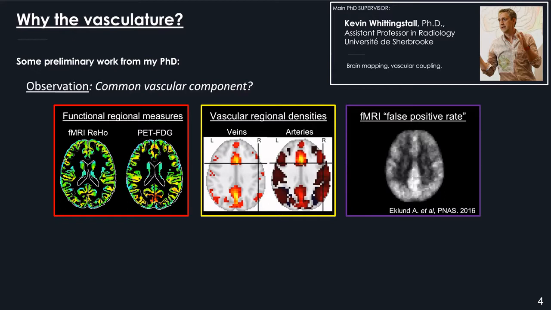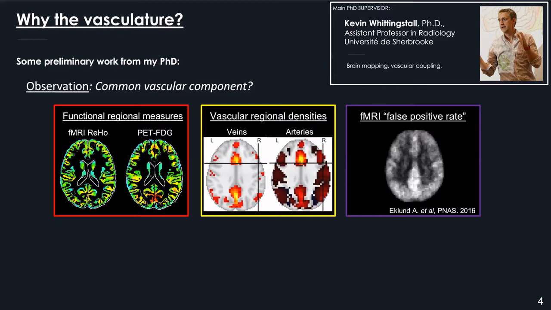Also, there was this paper from Eklund that showed a map of where the false positives were localized, based on a meta-analysis of multiple fMRI papers. So basically, the areas that you see here are areas where a lot of false positives in fMRI are reported in studies.